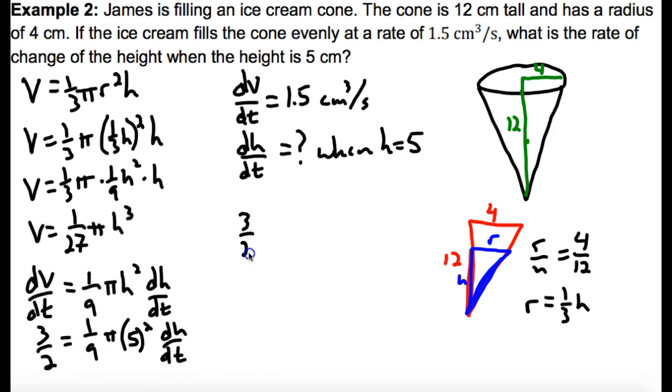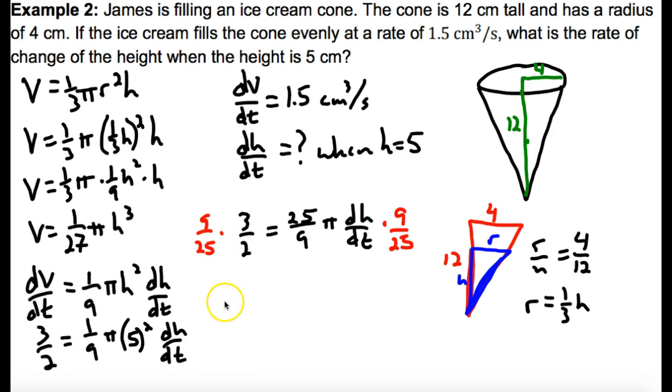So 3/2 equals 25 ninths times pi times dh/dt. To get this 25 ninths to the other side, I'll multiply by the reciprocal, 9 over 25.